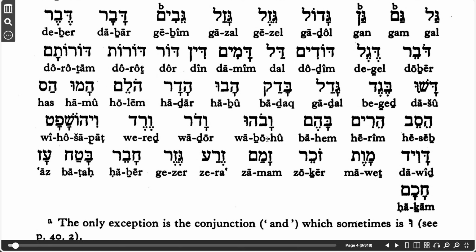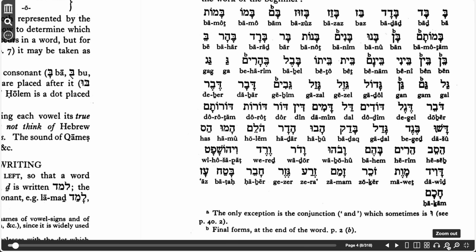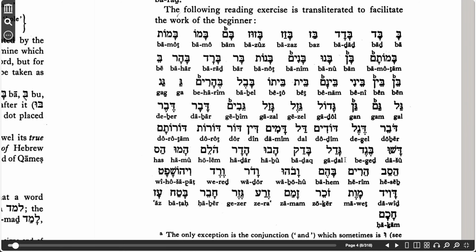If I zoom out, you can see it here on the page, and it looks like a paragraph of words. They don't really form sentences. These are just individual words, and this is the Hebrew.